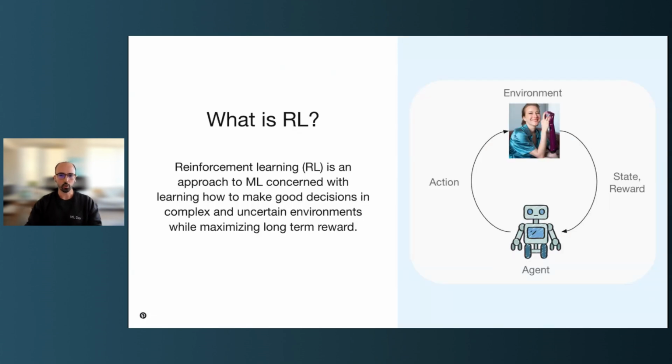So what is reinforcement learning? Reinforcement learning, or RL, is a machine learning branch that focuses on developing algorithms and techniques for autonomous agents to learn how to make decisions to optimize some long-term goals. So usually agents are concerned with environments where there are sequential interactions, where the agent needs to take a series of actions in order to reach that final goal.